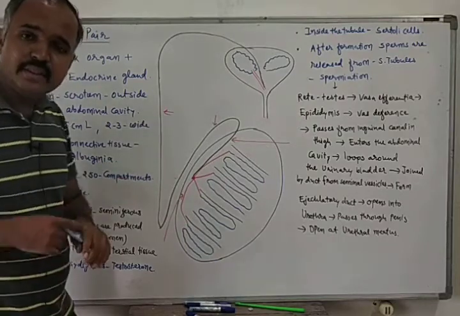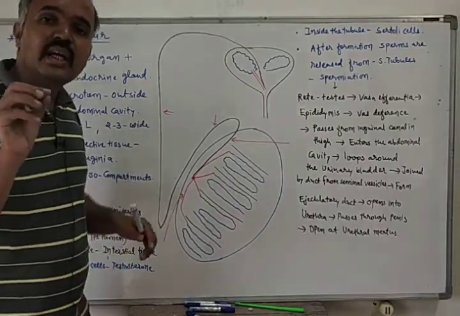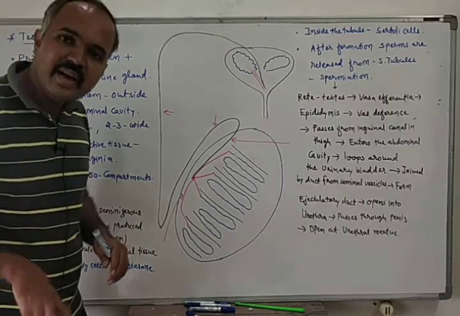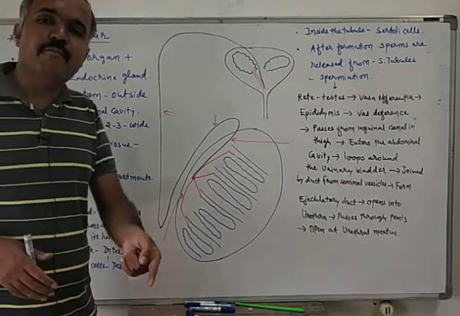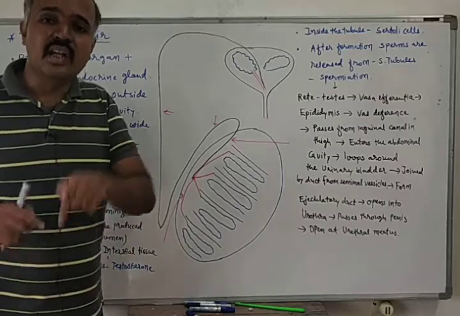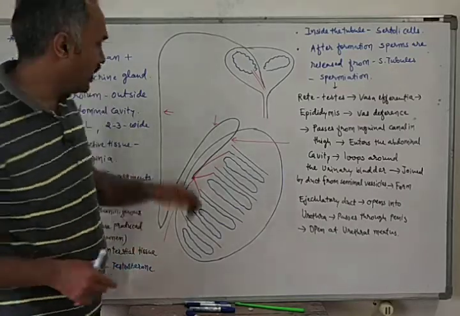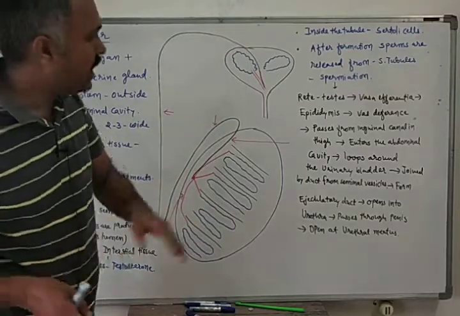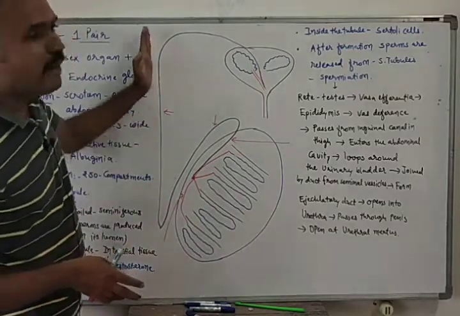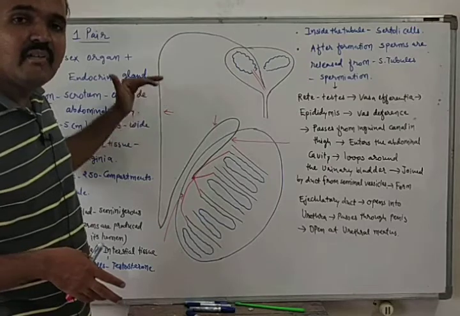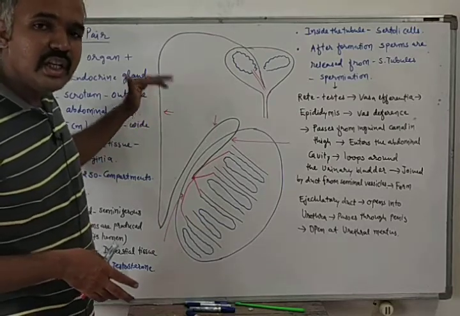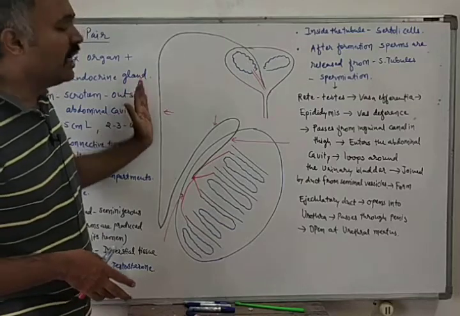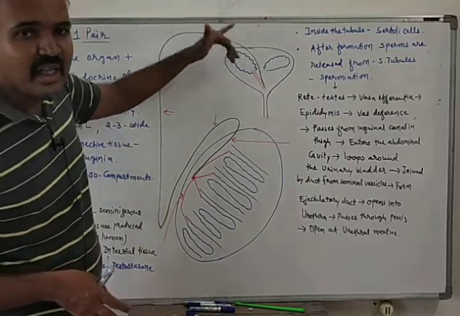This vas deferens travels through the inguinal canal, located in the thigh, and in the inguinal canal the vas deferens is known as the inguinal duct. When the vas deferens leaves the inguinal canal, it enters the abdominal cavity.